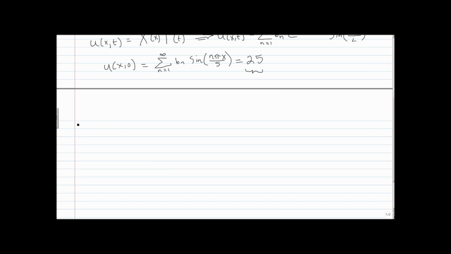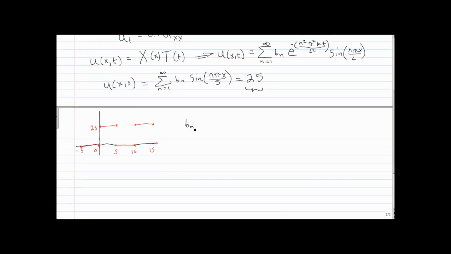Okay, so you have to extend it along the number line like this. Okay, so when you extend 25, you make it periodic with a period equal to 2L, in this case 10, and you turn it into this piecewise function that's an even piecewise function.